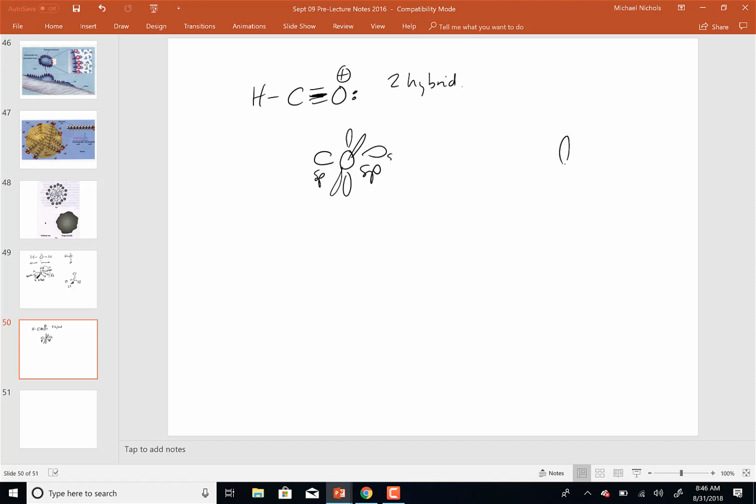And the answer is because if I'm going to overlap 2 p orbitals, and one p orbital has a pair, and the other p orbital has 1, I can't share 2. Right? So the only way we take p orbitals and form pi bonds is if each one has 1 electron. Okay? So lone pairs cannot go in the p orbitals. They must go in the hybridized orbitals. So that means this is in an sp hybrid orbital.